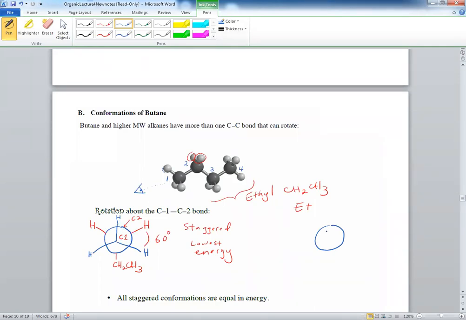So in this case, we will keep the ones in the back the same. Let's use the red here. And in the front, we're going to, again, tilt this at an angle.